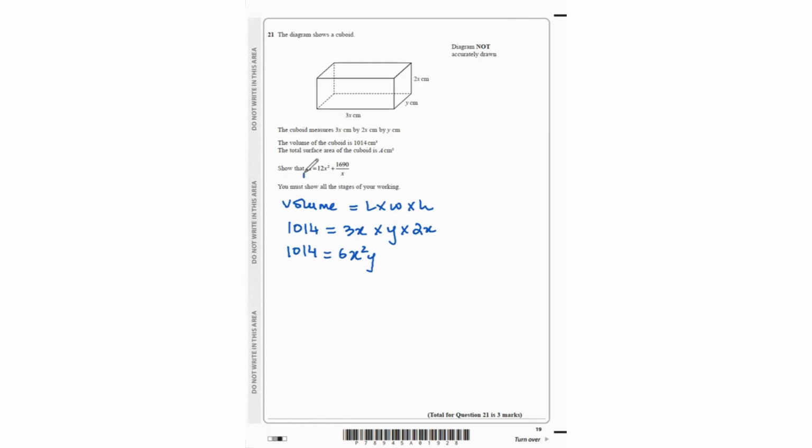The equation is just in terms of x, which means we need to make y the subject. That gives us y equals 1014 over 6x squared. We can simplify it. 1014 can be divided by 6, which gives us 169. So 169 over x squared is your expression for y.